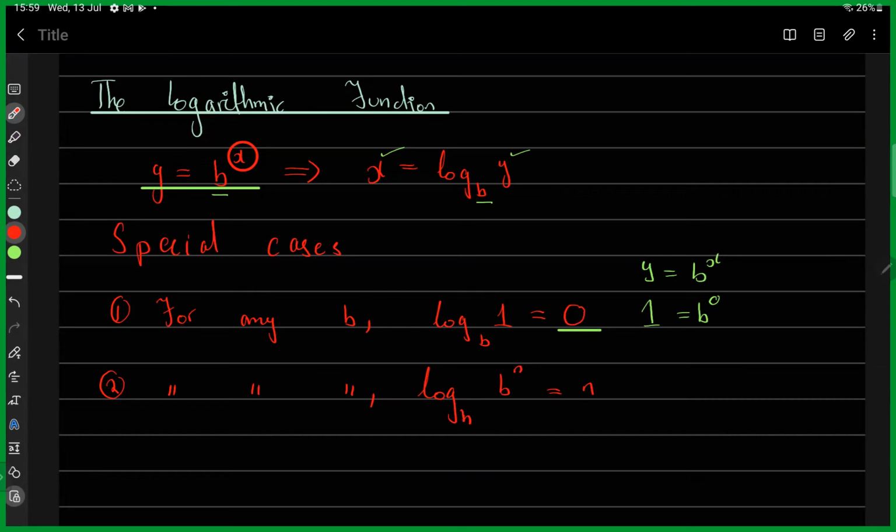You would be knowing that this number comes right here, and log base b of b is going to be 1. That is why it is n. So even if you were not able to understand this, these two are special cases which you need to remember every time, and things would get clear by the end of this class. Okay, you guys would be able to understand everything.